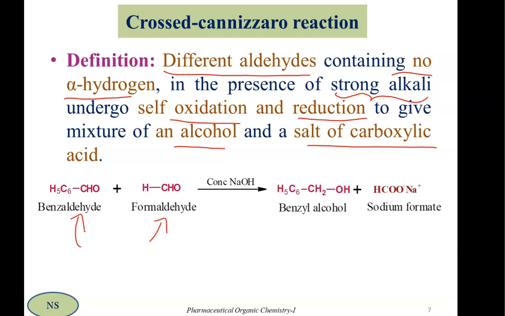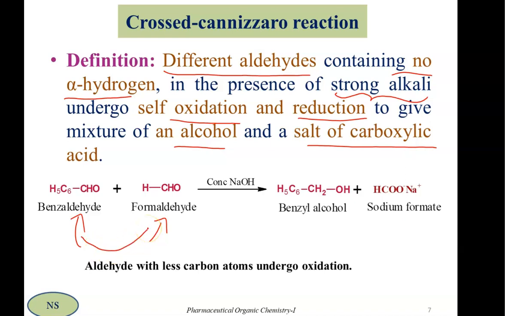But in the case of mixed aldehydes, that means 2 different aldehydes, which aldehyde will undergo oxidation and which one will undergo reduction is difficult to make out. So the simplest thing is, the aldehyde which has fewer carbon atoms will generally undergo oxidation, and it gives the corresponding salt of the carboxylic acid.